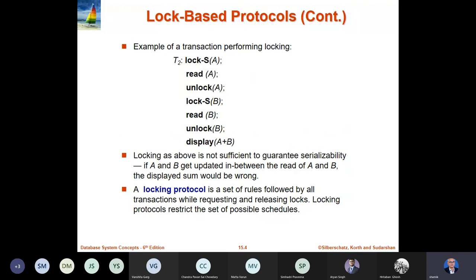So let us see this example. I have a transaction performing locking. T2 locks A in shared mode, and then it reads A, then unlocks it.